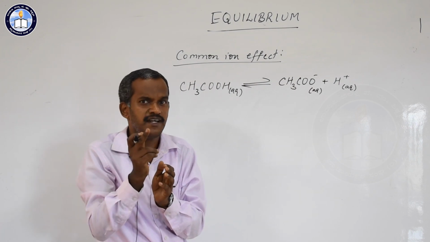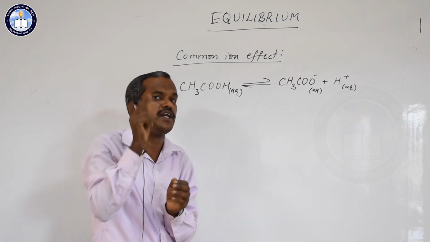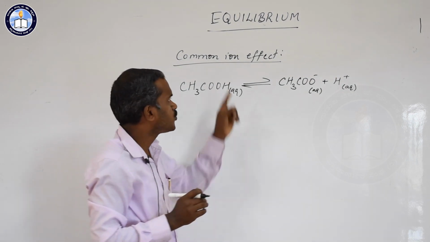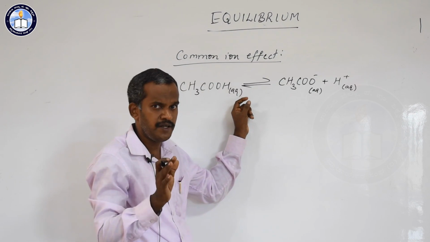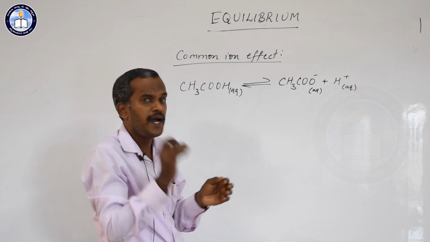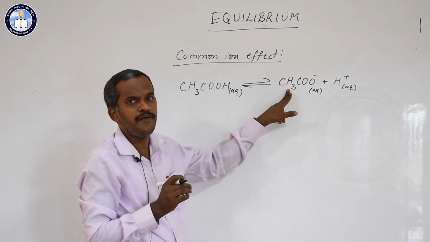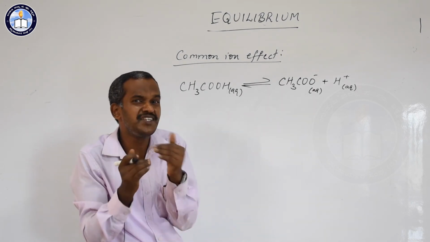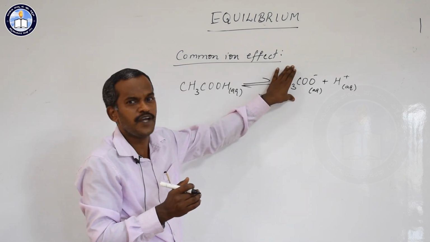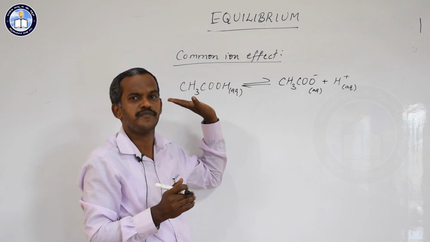Try to understand, it is connected to Le Chatelier's principle, which you studied in the previous part of this chapter. The common ion effect is a phenomenon in which there is a shift of equilibrium by the addition of a common ion, or by the increase in the concentration of one of the ionic species in an equilibrium reaction. Are you clear?